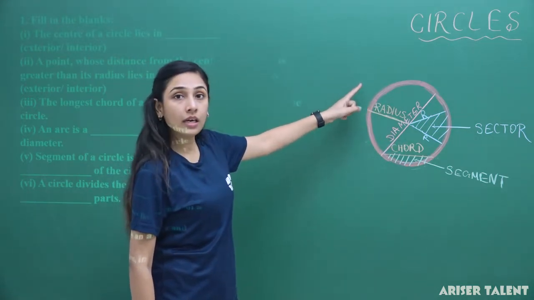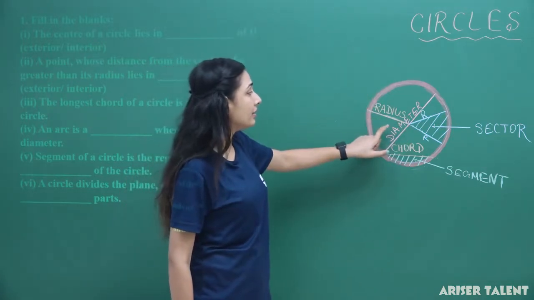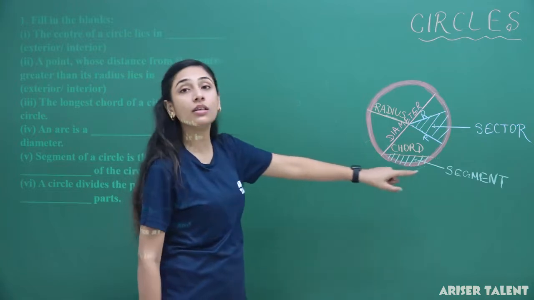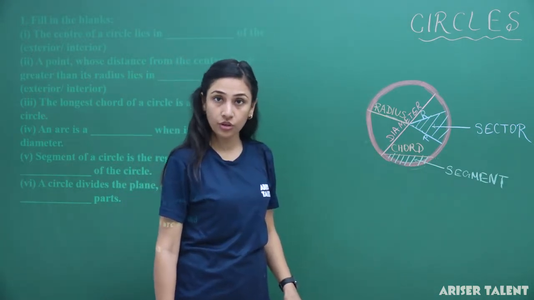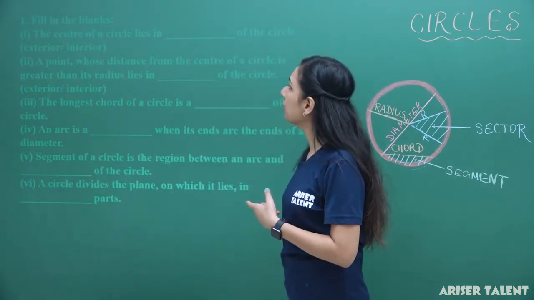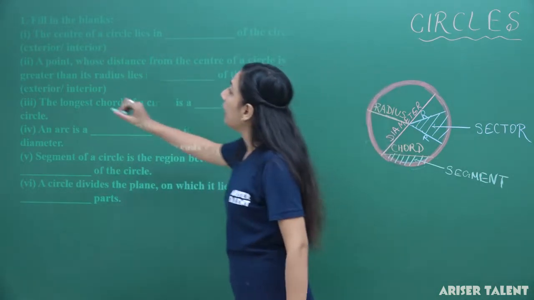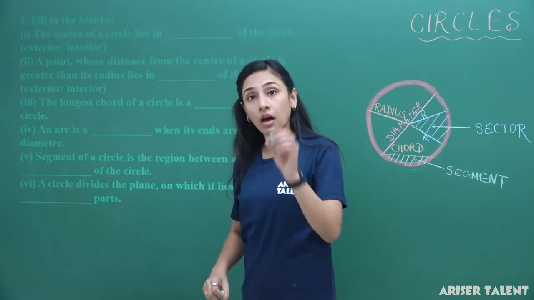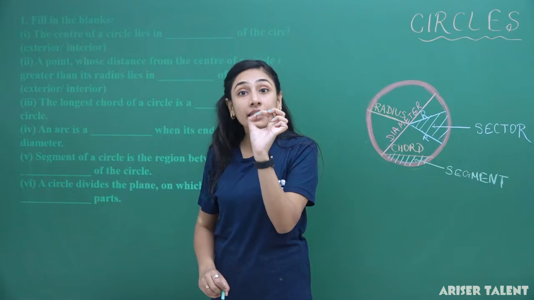Outside this boundary, there is the exterior. Like it is the interior of the circle, there is the exterior of the circle, and the third thing, the circle itself. So, the first question says the center of a circle lies in which of the circle, exterior or interior. Now, the circle's center always lies in the interior of the circle.